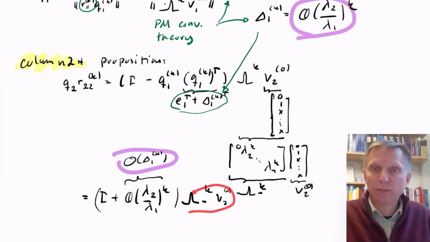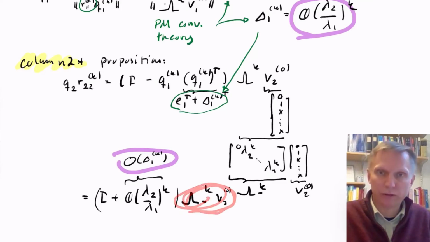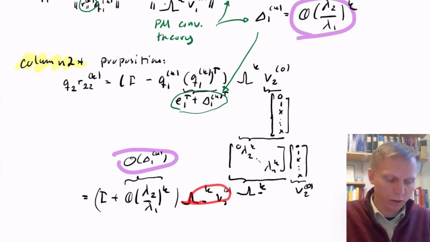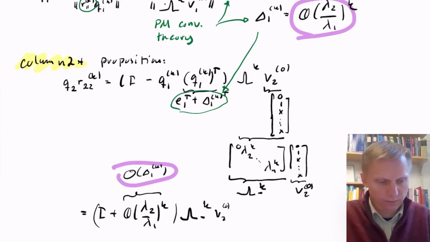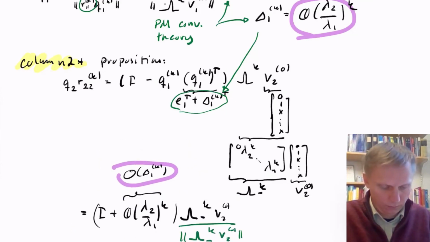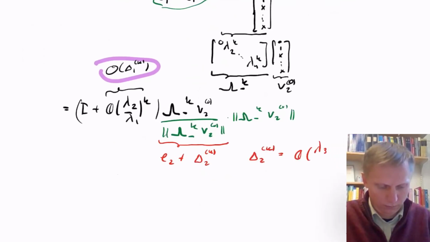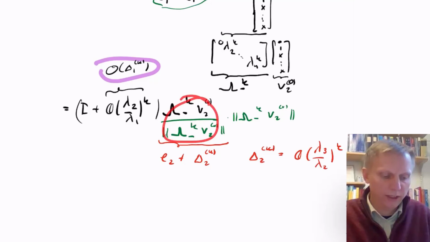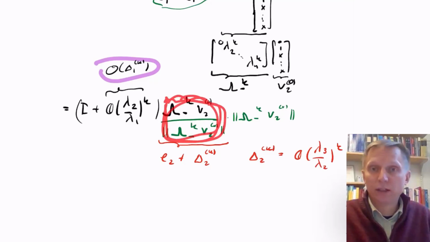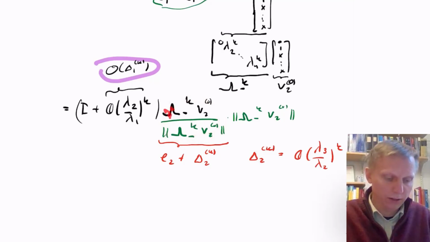Now we're going to similarly use that this is something like the power method, so it is equal to the power method up to some scaling. So let's normalize it and multiply out the normalization. We see that when we multiply it out, we get exactly the power method applied to this lambda minus matrix.